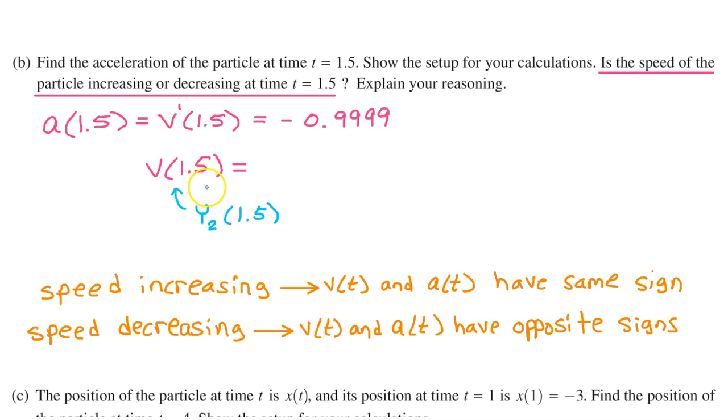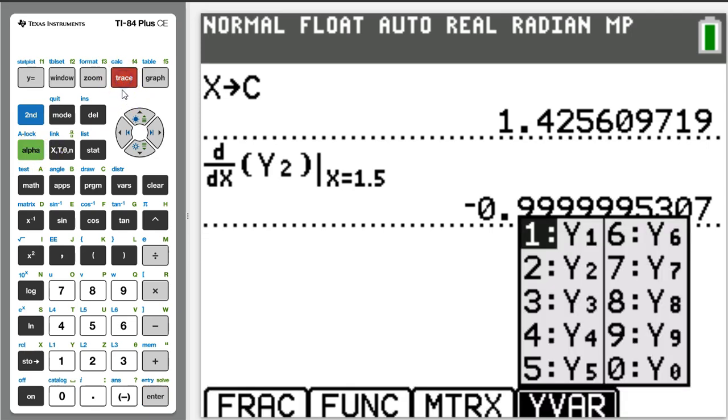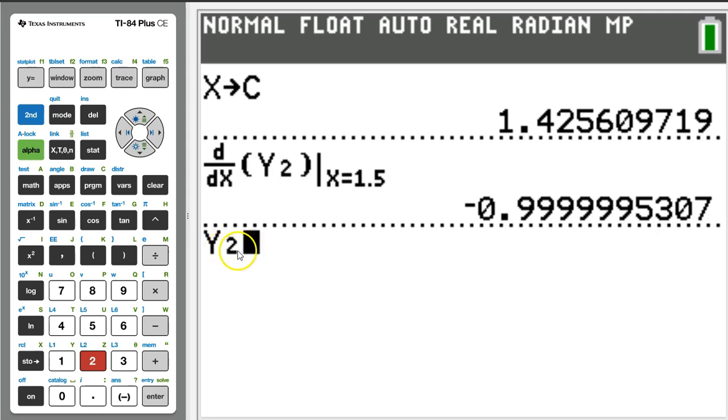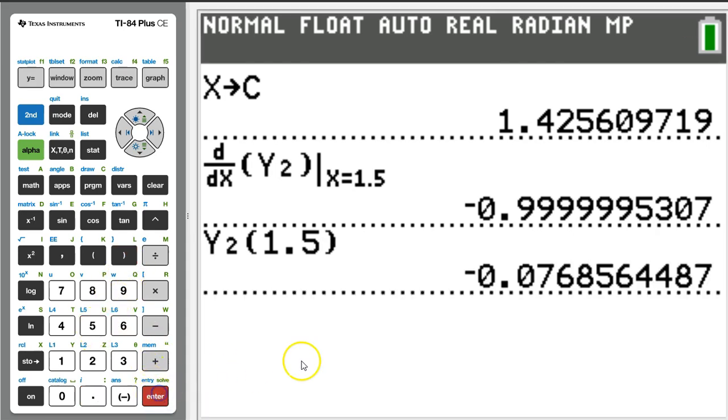Let's use the graphing calculator to find v at 1.5. Since we stored the velocity as y2, we just need to evaluate y2 at 1.5. To make y2 show up on your calculator, you hit alpha trace and hit 2 for y2. Put 1.5 next to y2 in parentheses and hit enter.